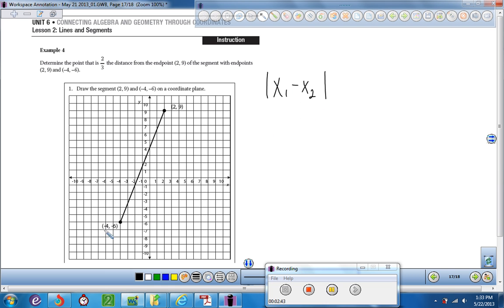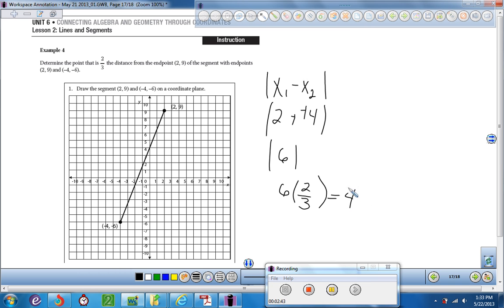I'm going to take 2 minus -4, so we'll end up with 6, and so 6 is the change. Now we're going to take that and multiply it times 2/3. When I multiply by 2/3, I get 6 times 2 be 12/3, and that reduces to 4.